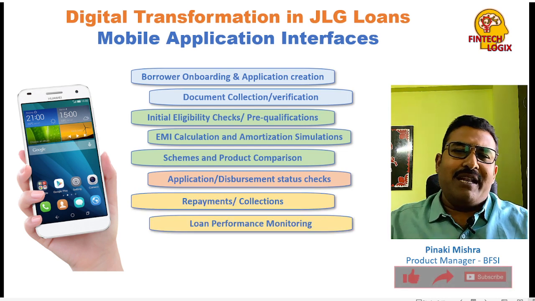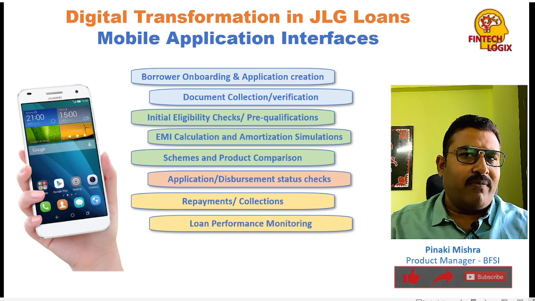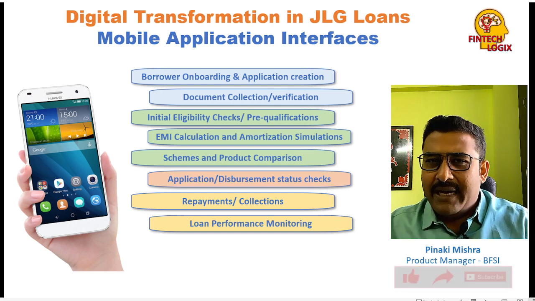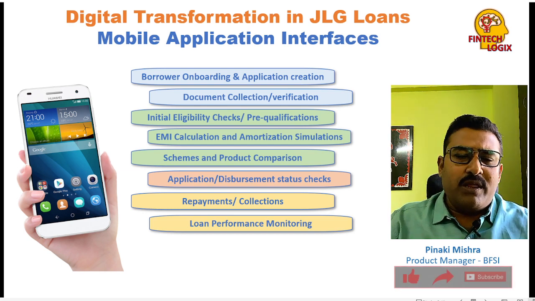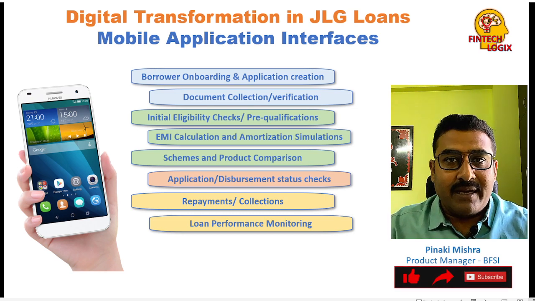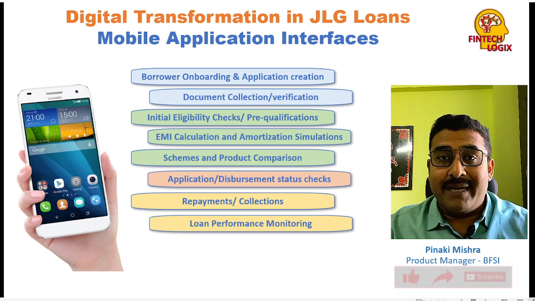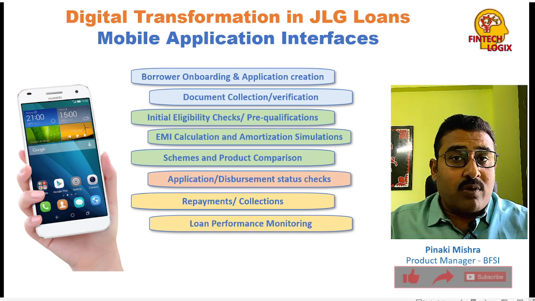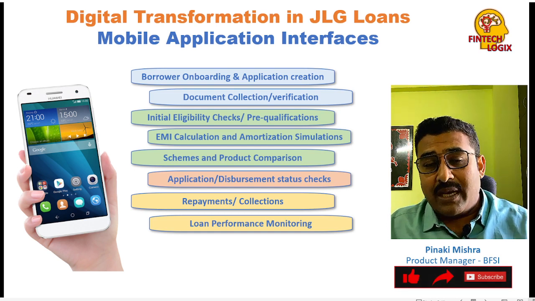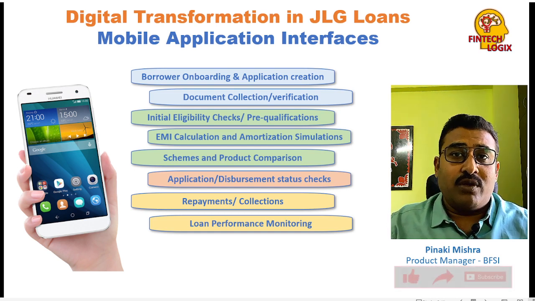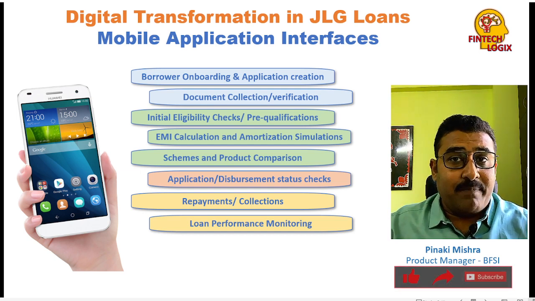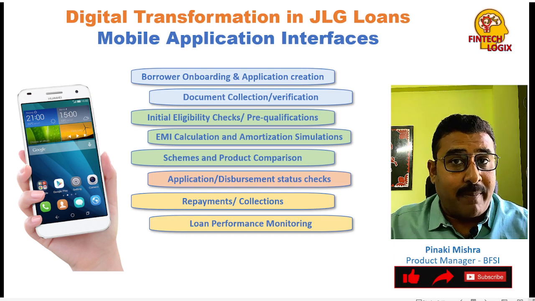The next one, and probably the biggest advantage for lenders, is repayments or collection and loan performance monitoring. With the help of a mobile app, repayments can be collected from JLG loan borrowers immediately. DSAs were collecting repayments before as well, but they used to collect in cash and come to the bank or the lender to reconcile and confirm that the repayment had been made.